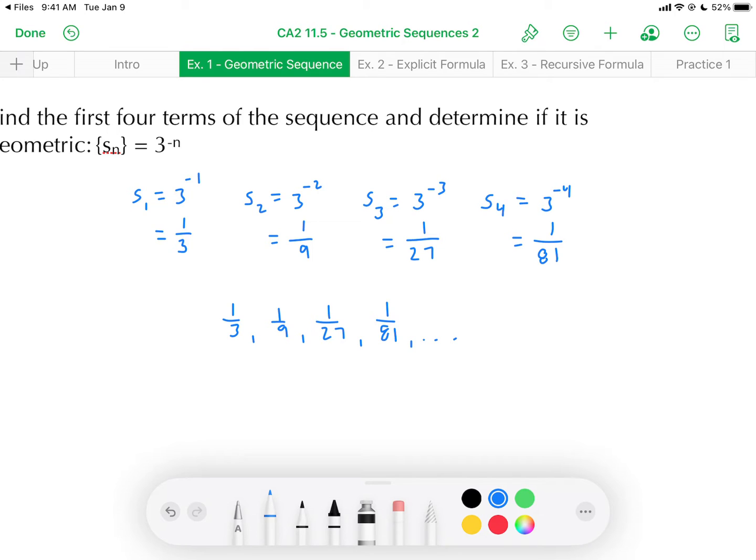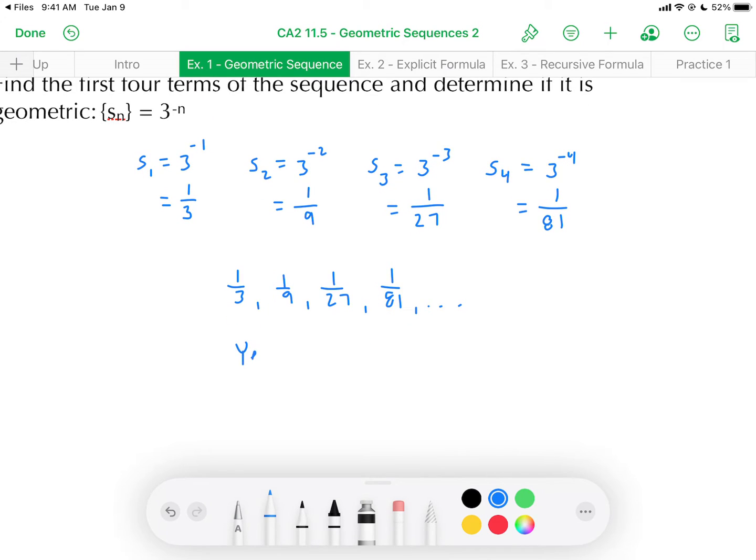Is this geometric? Absolutely. And what would the common ratio be here? So if you're going from 1/3 to 1/9, you're multiplying by 1/3. To go from 1/9 to 1/27, you're multiplying by 1/3. Okay, so the common ratio is R here.